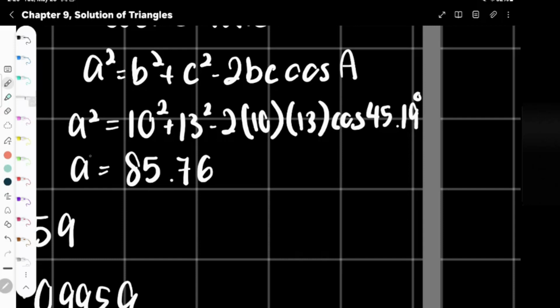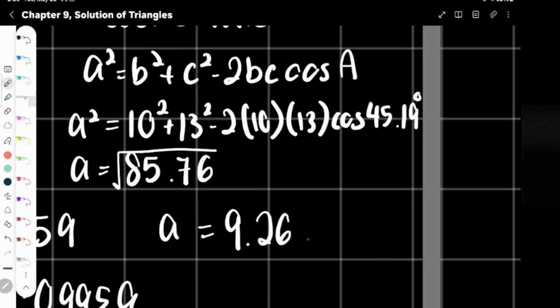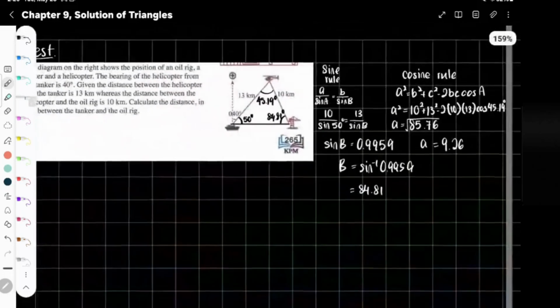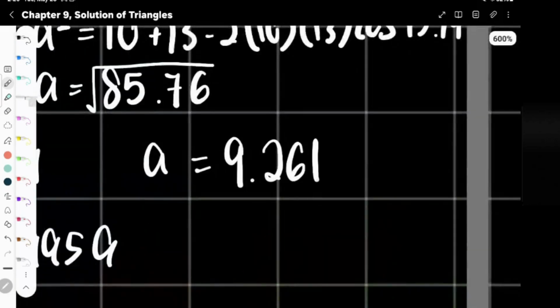But this is not the answer. We want to find a, so we square root it to cancel out. Square root of 85.76 gives you 9.26 kilometres. So that's the answer. Ta-da!